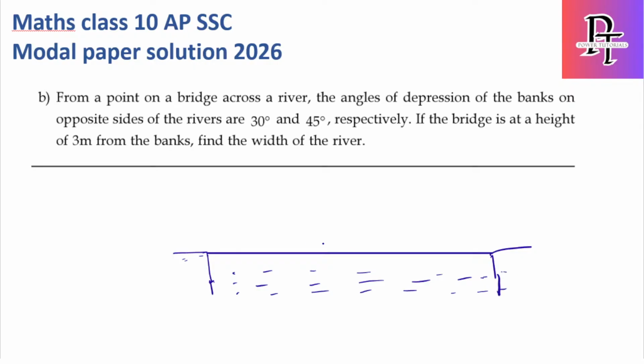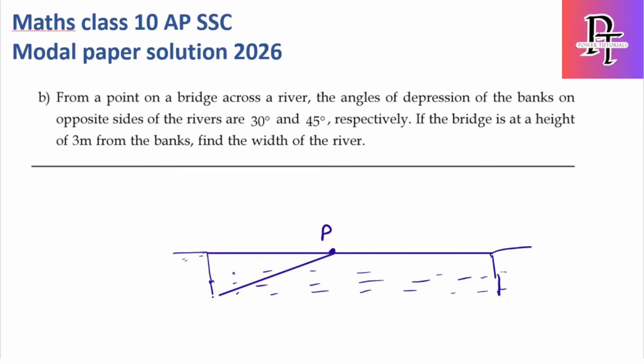They're saying that there is some point on the bridge. Let's assume this is a point and mark it as P. From this point, to the opposite ends of the river, they're saying 30 degrees and 45 degrees. This is the angle of depression they have mentioned.